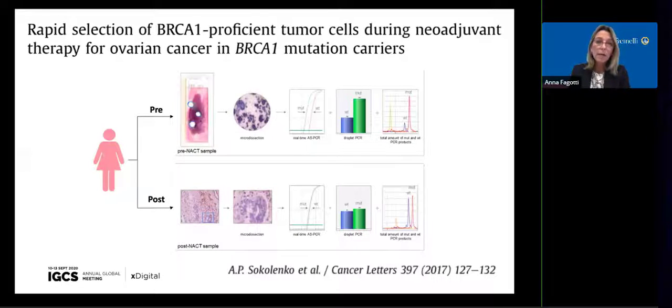And as you can see here, they were able to demonstrate that there was a restoration of BRCA1 heterozygosis after neoadjuvant chemotherapy. And this restoration was not related to reversal mutation in the gene, but rather to the selection of BRCA1 proficient clones that were already present in the tumor itself, but have been selected due to the pressure from platinum compounds.